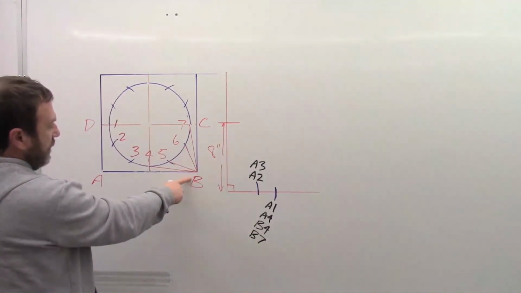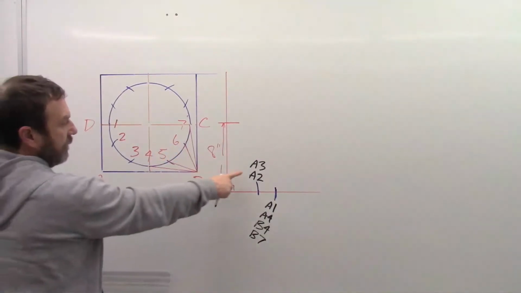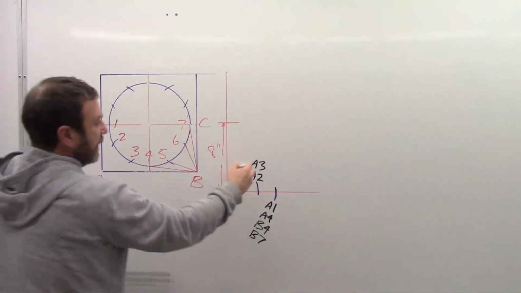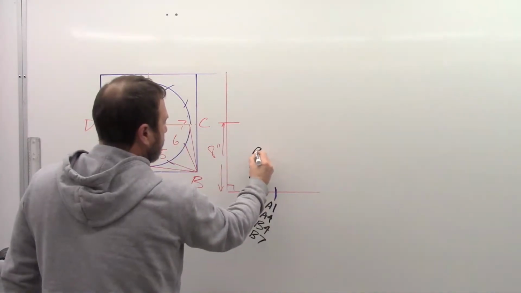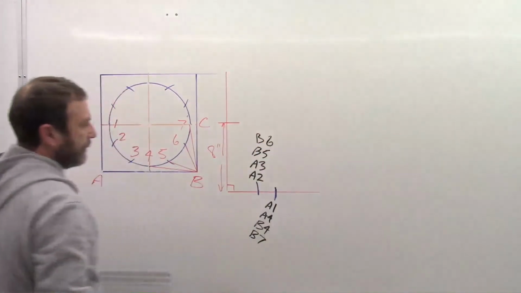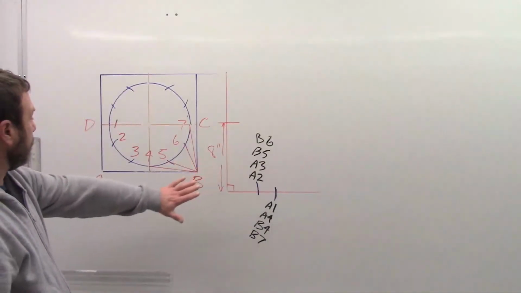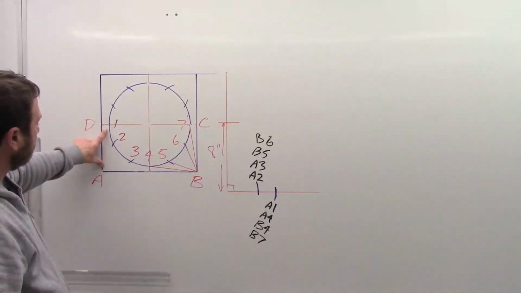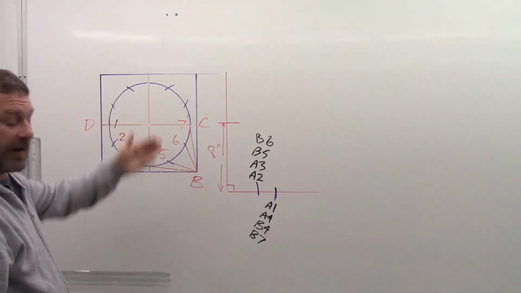And on this side, B5 and 6 will be the same as A2 and A3. Okay, so we really only got 2 lines out of there. We have A1 and A2. Everything else are repeats.